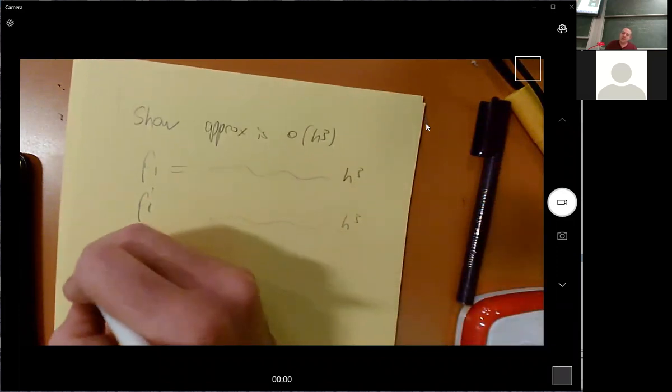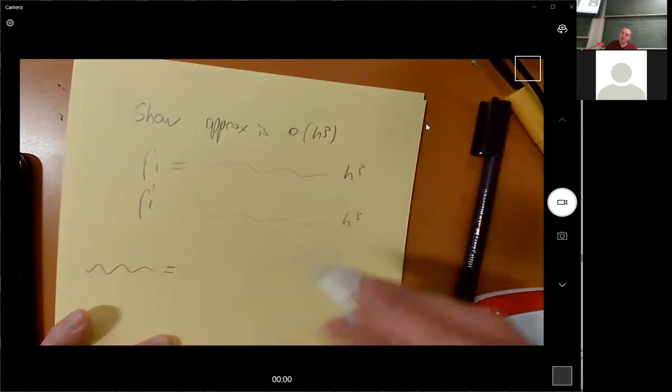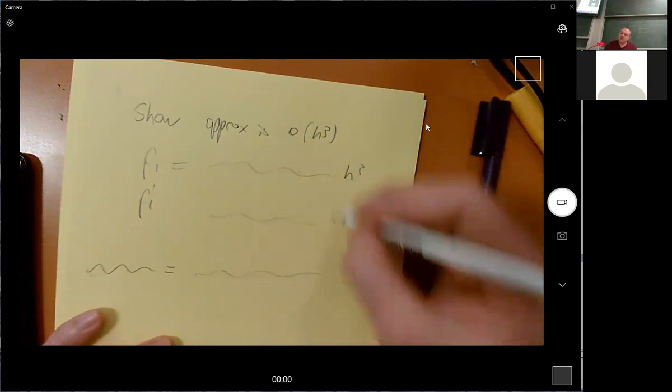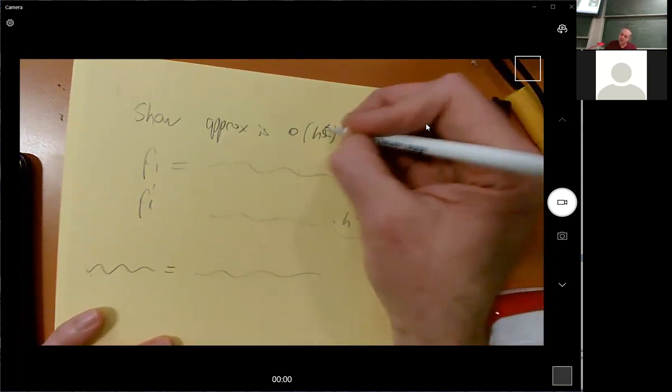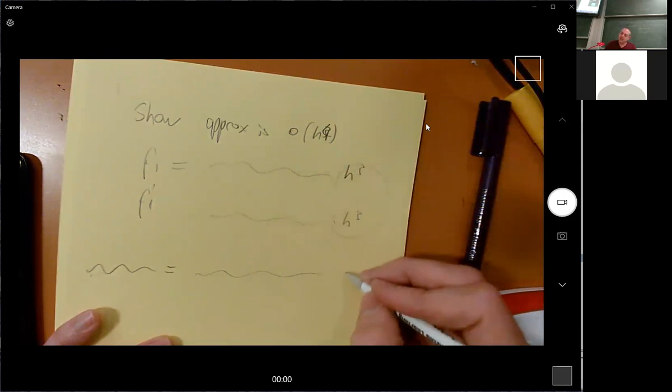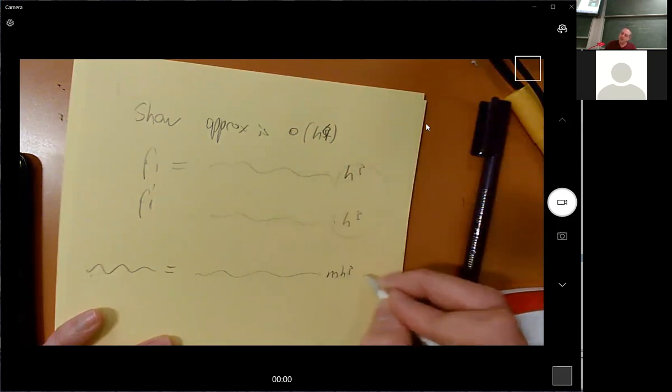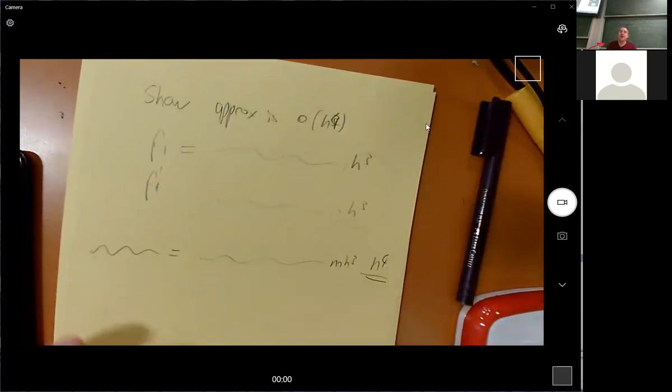And then when you combine them together, if there's a special way of combining them, then some of these cancel, maybe h4, and the h cubes cancel, and there's no h cubed, and then you've got something with h4. That means it's order h4. Something like that. Yeah. I know that's really vague, but I can't be any more precise than that.